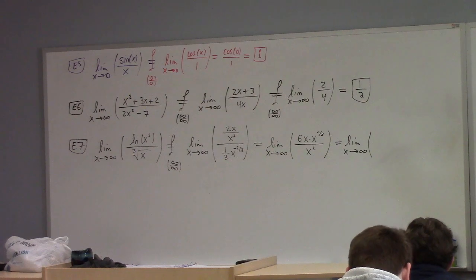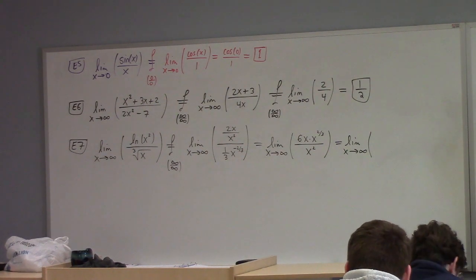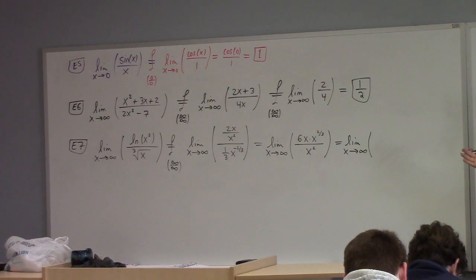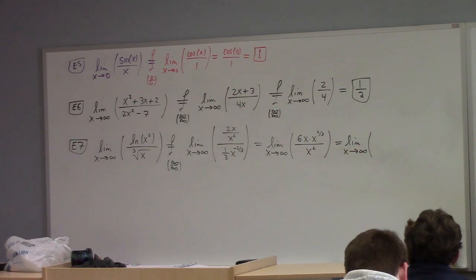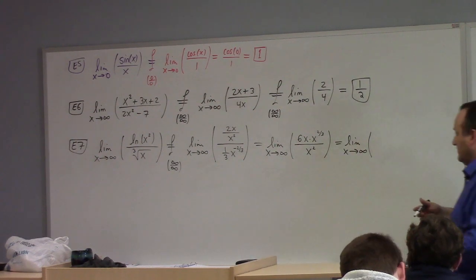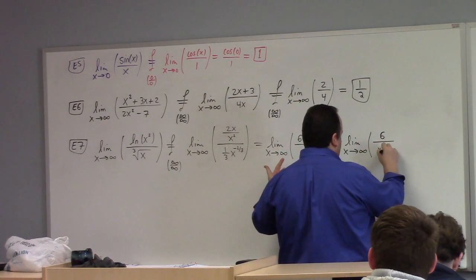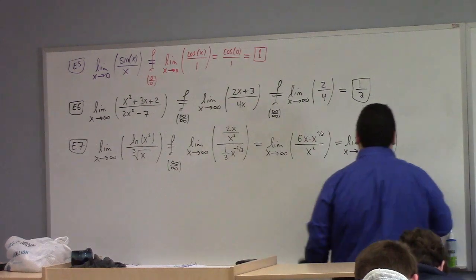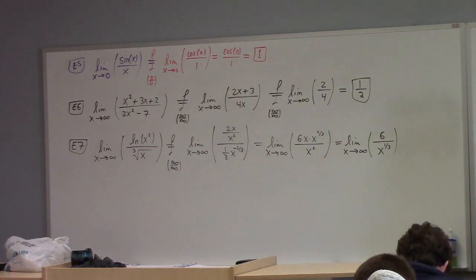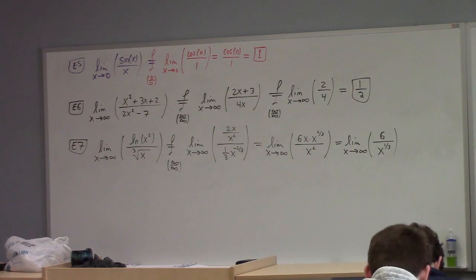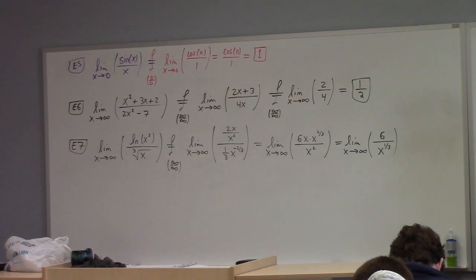X to the 3/3 plus 2/3 is 5/3. How many thirds do we have downstairs? X squared is 6/3, right? So you got 5/3 upstairs, you got 6/3 downstairs. So the 6/3, they cancel out and you're just left with 6 over x to the 1/3. So the limit is? Yeah, 0.